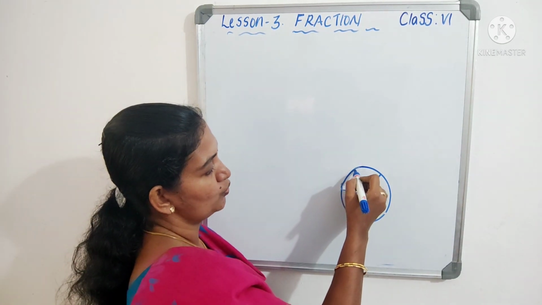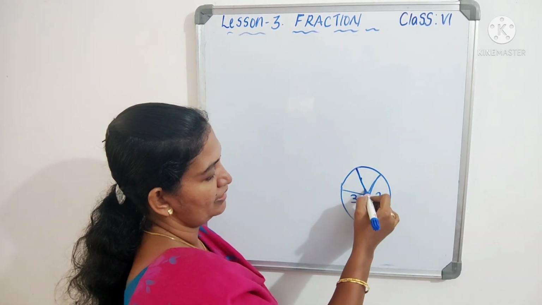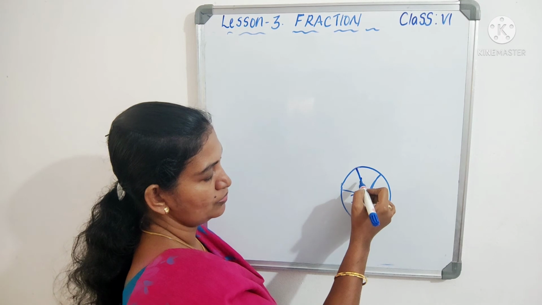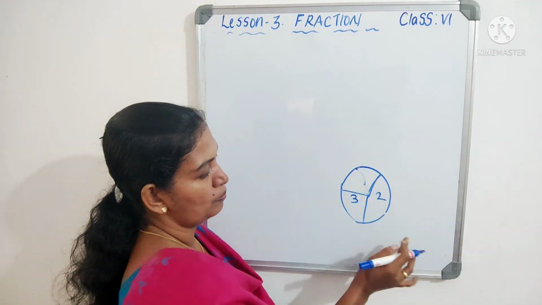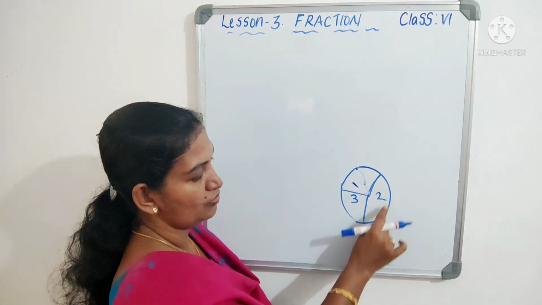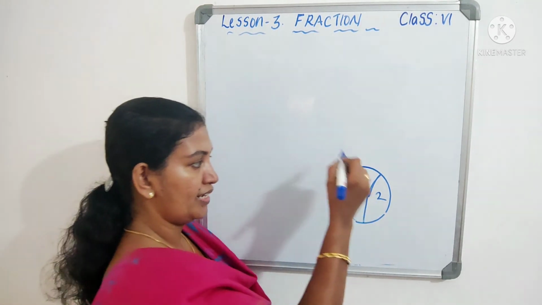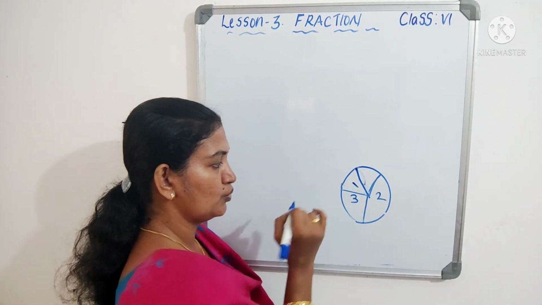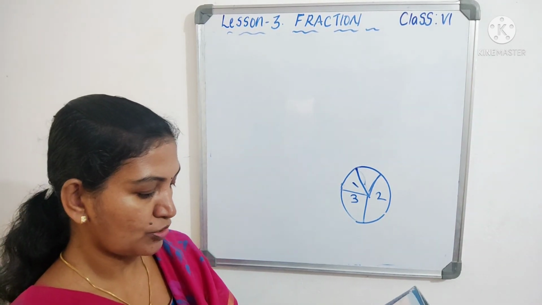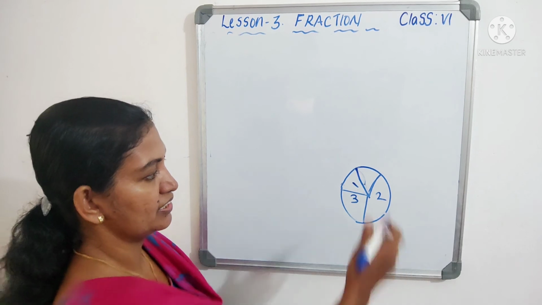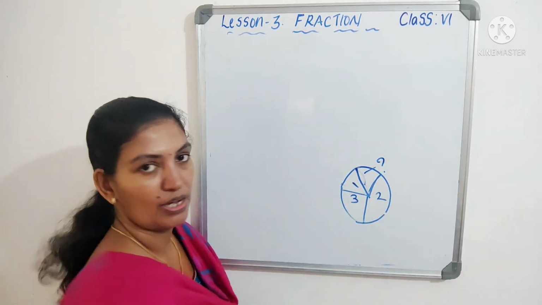Again we have to divide this piece into half. Total we have 3 equal pieces, and again we have to cut this piece into 2 equal parts. Then what is the weight of one piece? That we have to find.